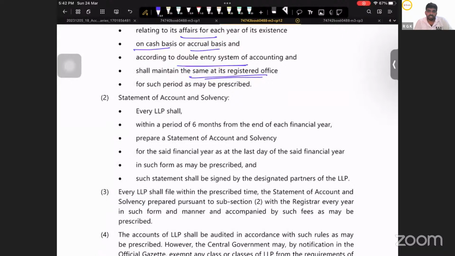Statement of accounts and solvency. Every LLP shall, within a period of 6 months from the end of each financial year, prepare a statement of accounts and solvency for the said financial year. Such statement shall be signed by designated partners of LLP. Signing of statement of accounts and solvency will be done by designated partners.